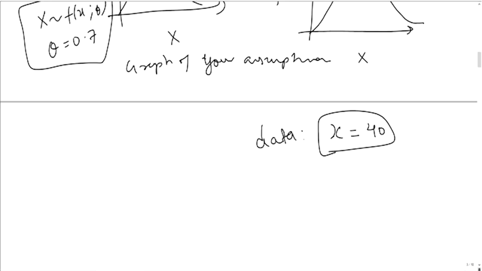Now, once you have data, think about this probability density function. Once you have data, this particular argument of this function becomes fixed and known. Now, x is fixed and known. So, it does not make sense to draw a graph with respect to different values of x, because x is fixed and known now.